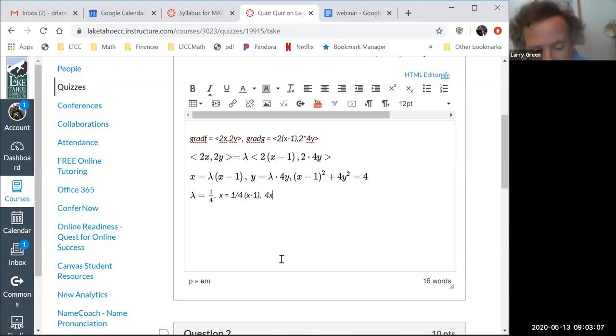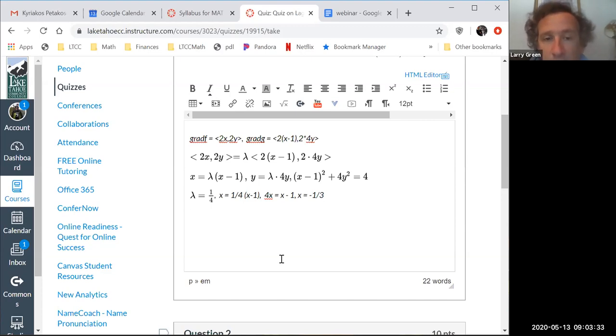You get 4x equals x minus 1. And then let's subtract x and divide by 3, and you get x equals -1/3. Any questions at all on how I just got x?